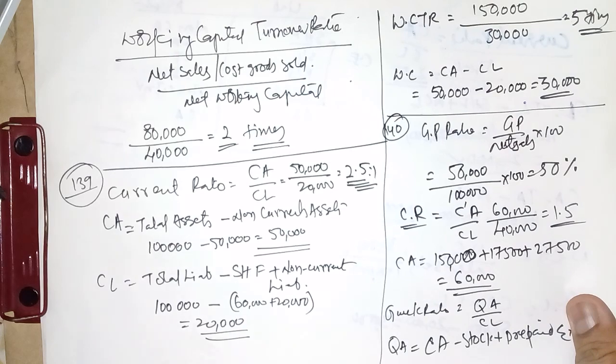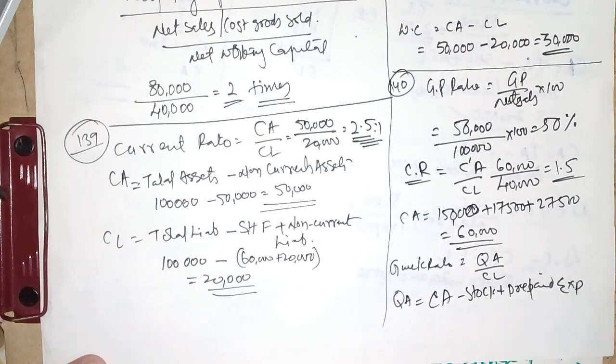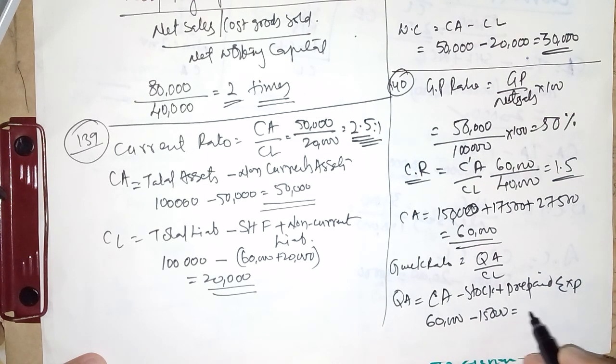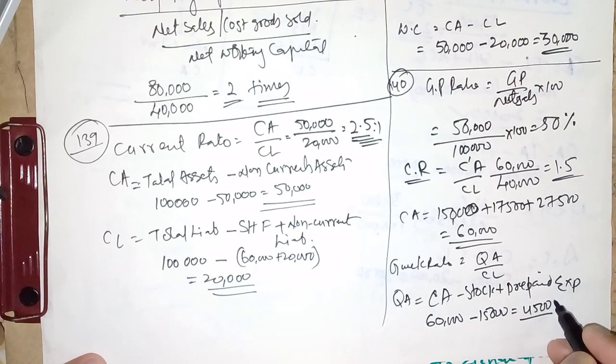In this question, current assets, which we just calculated, are 60,000, minus we have to deduct the stock, inventory. Inventory is 15,000. We don't have any prepaid expenses. Therefore 45,000 is our quick assets.